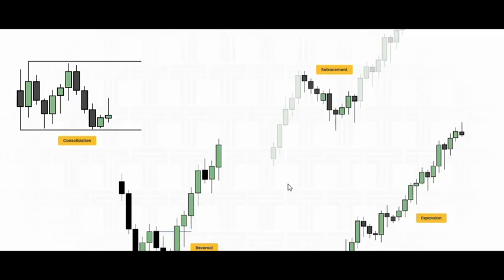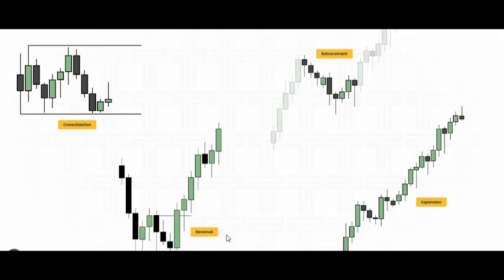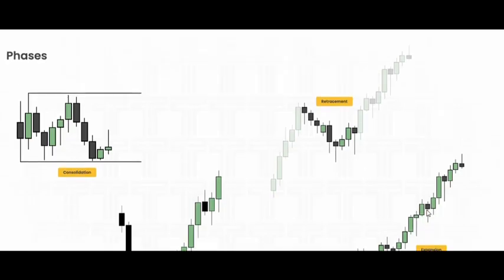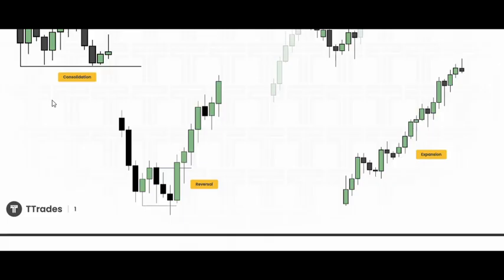So you have the phases. You have the consolidation, you have the reversal, you have the retracement, and then you have the expansion. So what is the consolidation? The consolidation is whereby the market is not moving in any specific direction. It moves up, moves down, moves up, moves down, creating equal highs and equal lows mostly, right? And then we have reversal.